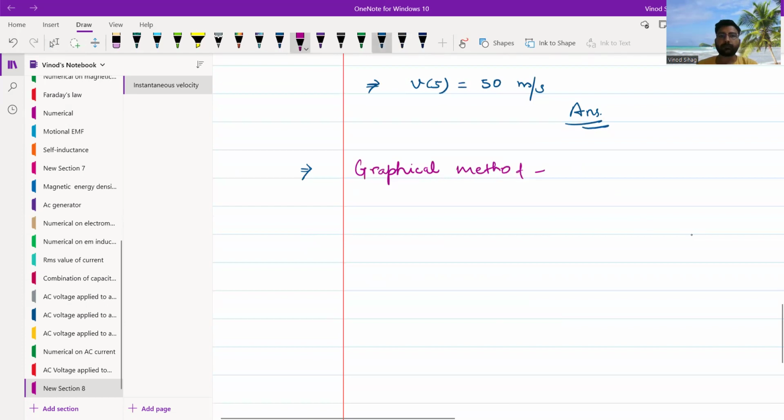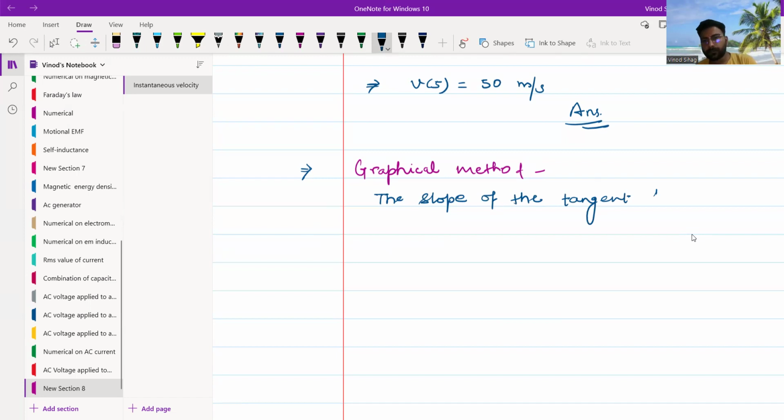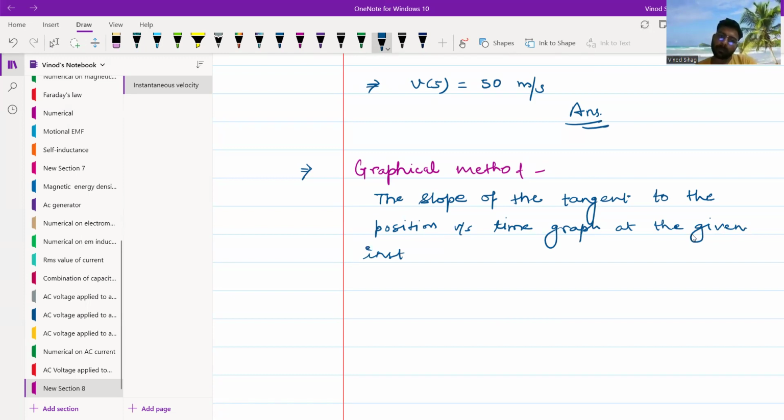So what we take simply is the slope of the tangent to the position versus time graph at the given instant, which is the instantaneous velocity.